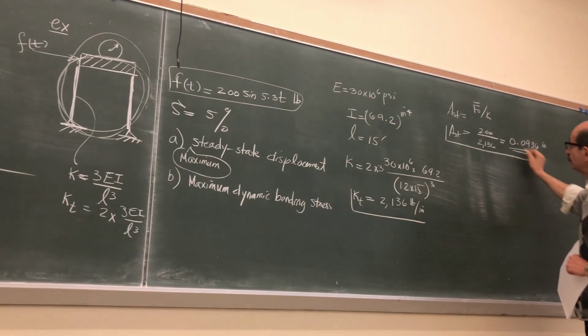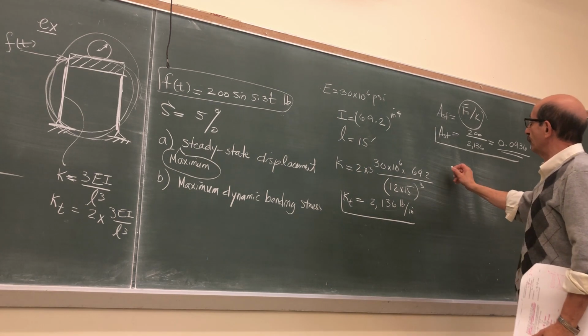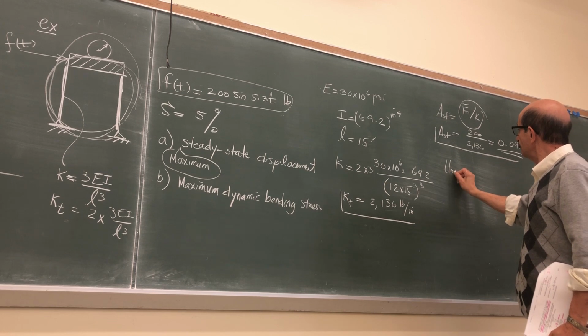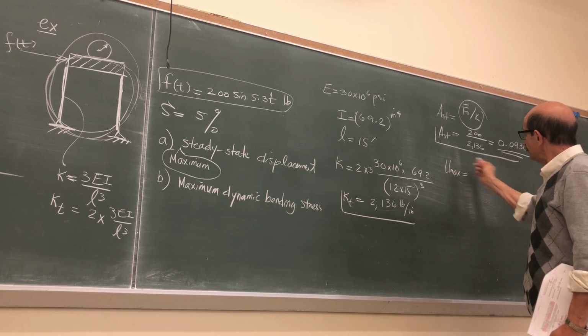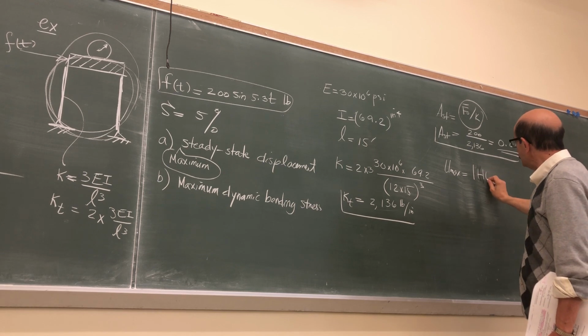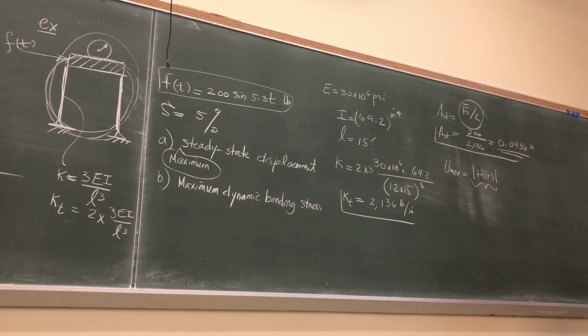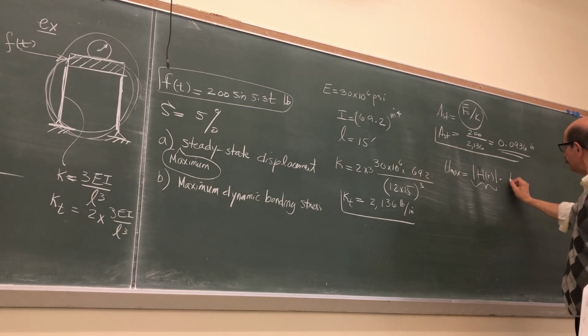That's the static displacement. So we want to find the maximum steady state displacement. As we know, U max is basically the maximum value of the frequency response function times this AST, right?